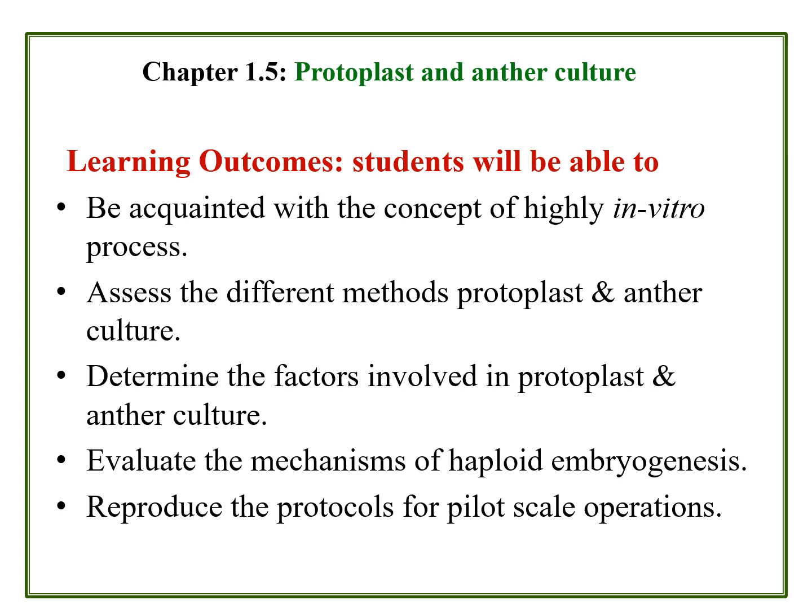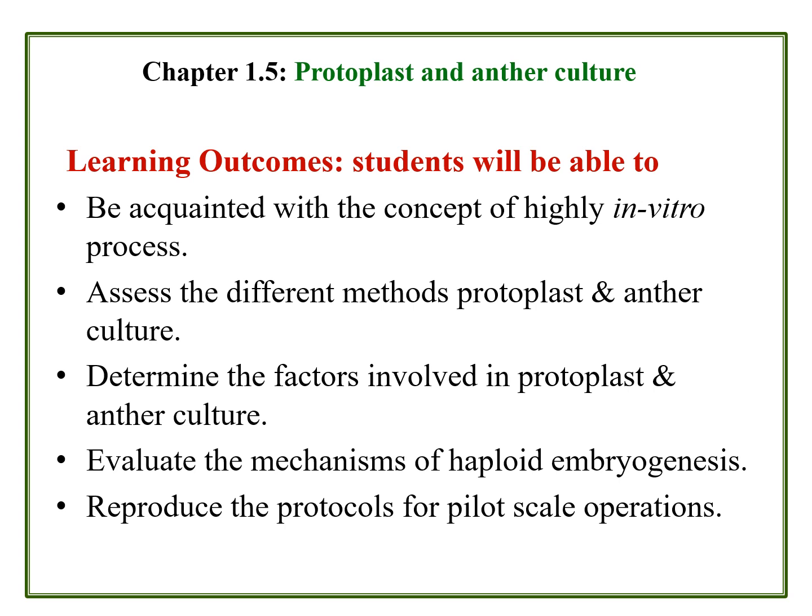The third objective is the factors. So what are the factors? That is media constituents, especially carbon source, nitrogen source, and growth regulator combinations. Especially for protoplast culture, auxin-rich media, especially 2,4-D, proved to be very effective.